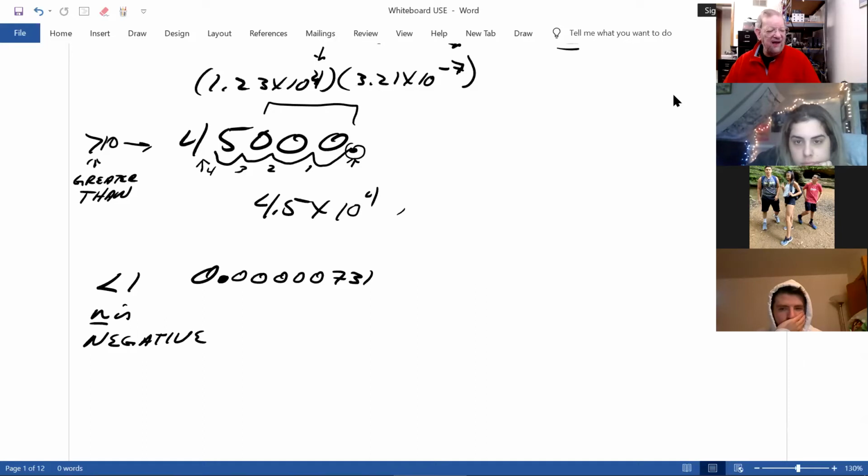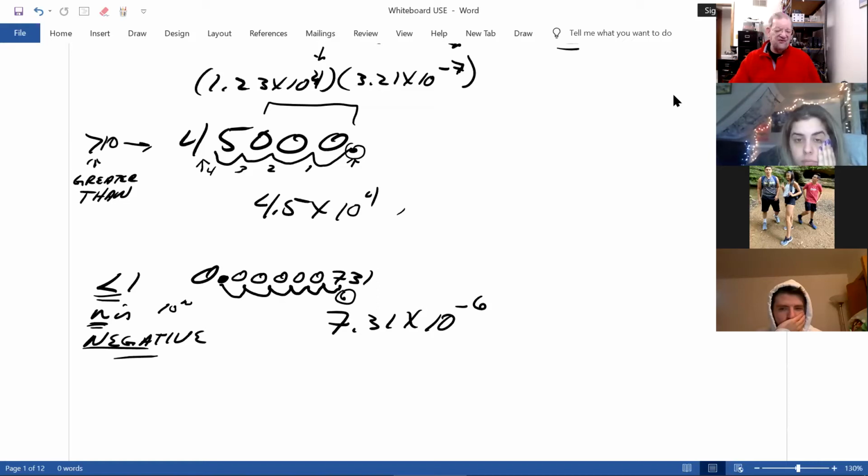And I'm talking about n in 10 to the power n in scientific notation. So I move the decimal to the right of the first non-zero number, 1, 2, 3, 4, 5, 6. So I get 7.31 times 10. I moved it 6 times, but since this is less than 1, n is negative, 10 to the minus 6. And that's how you do it.